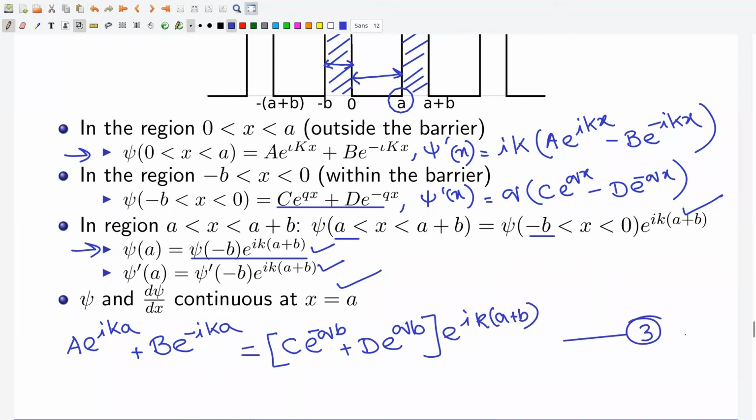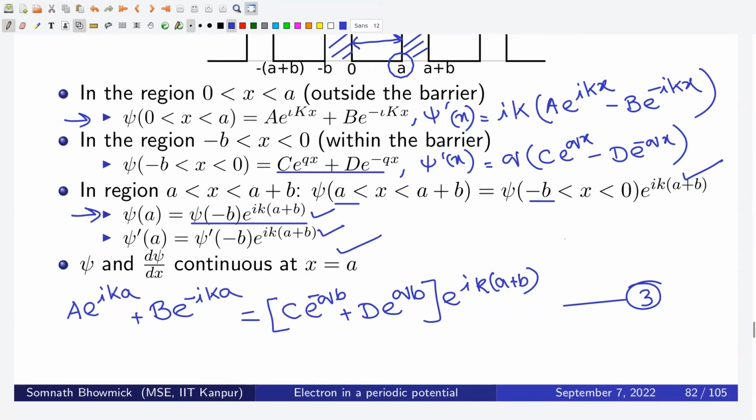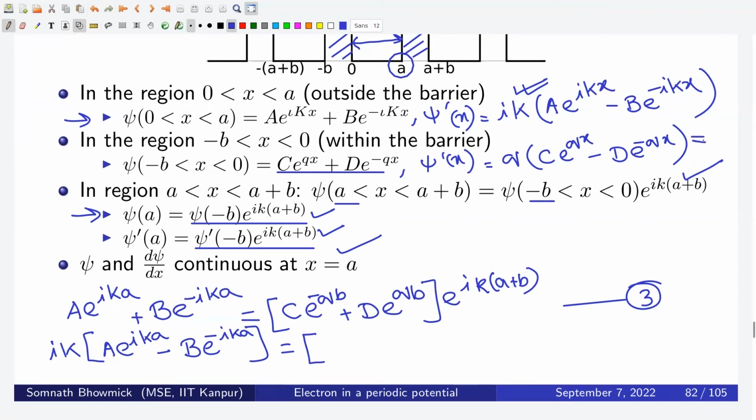Now we have to equate the first derivatives. So on the left hand side we just put x equal to a in this equation, such that we get ik times A e power ika minus B e power minus ika. And on the right hand side, we put this term, where psi dashed of minus b we can get from here.